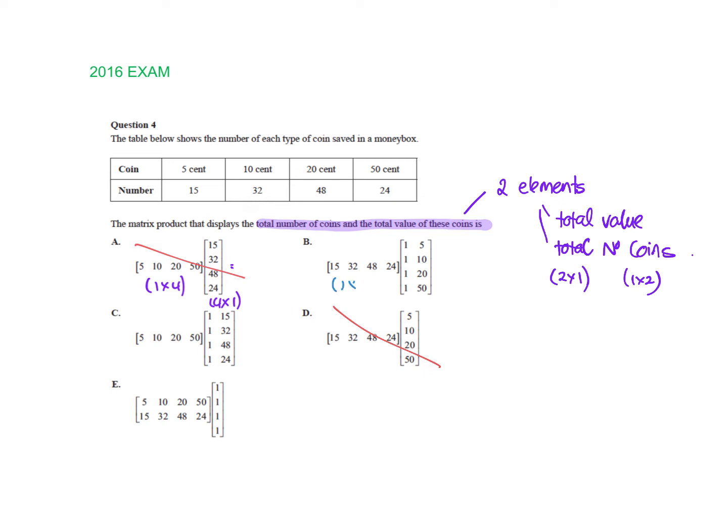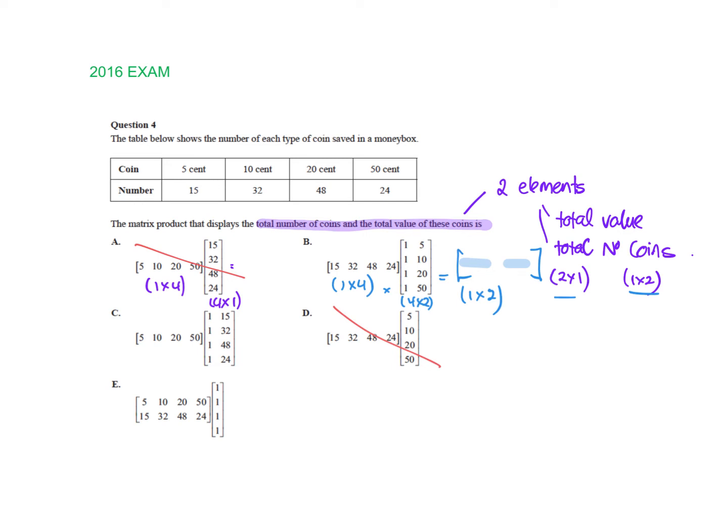All right, so then let's look at this one. This one is a 1 by 4 with a 4 by 2. Well, this one's good, because if I multiply this one, I'll end up with a 1 by 2, which is what I want. If we have a 1 by 2, we'd end up with a matrix that has 2 little answers here.